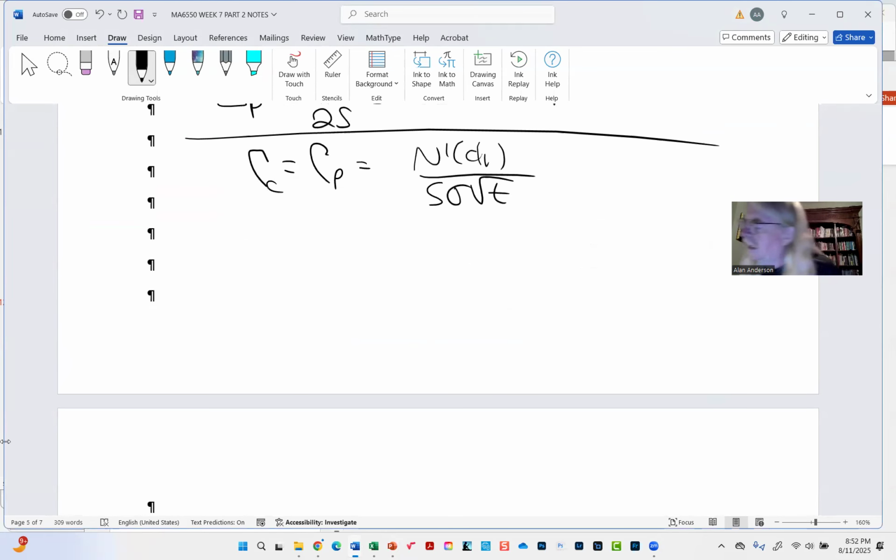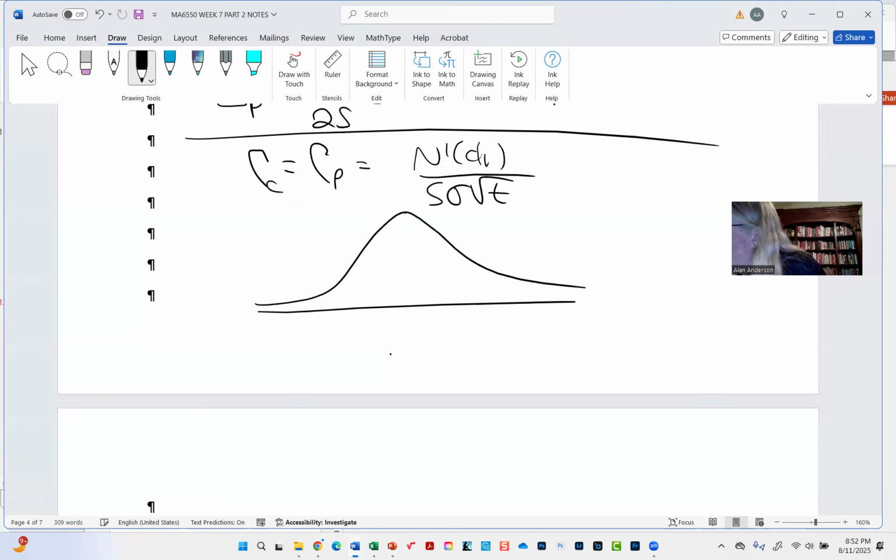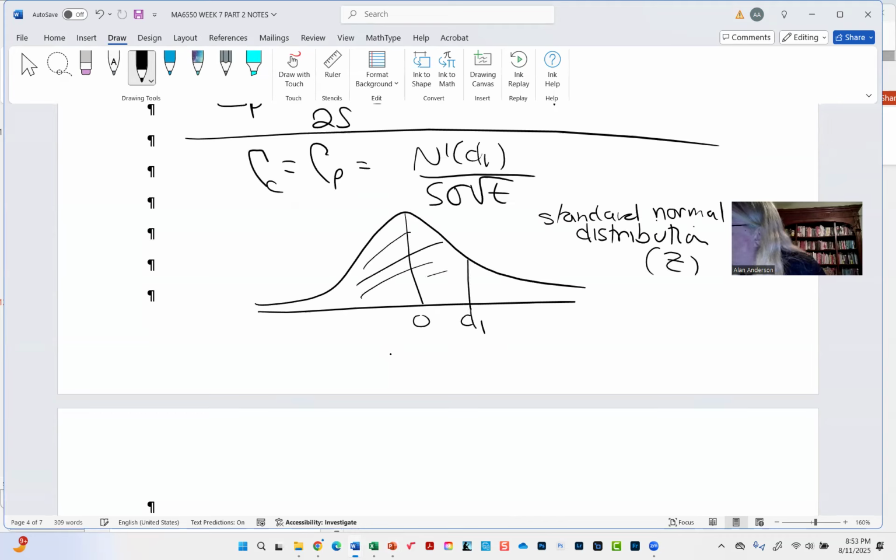Well, this is how we have to think about it. Here's the standard normal curve. And let's say here's D1. We know this. N prime of D1 is actually the height of the curve at this point.